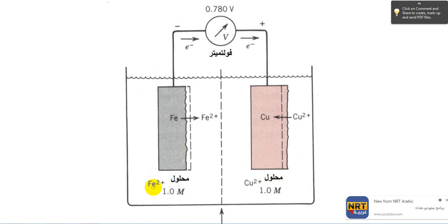Fe is acquiring 2 positive charges in the 1 mole solution, as you can see, 1 mole and 1 mole for Cu. Fe acquires a 2 positive charge by losing electrons to turn into positive ions.